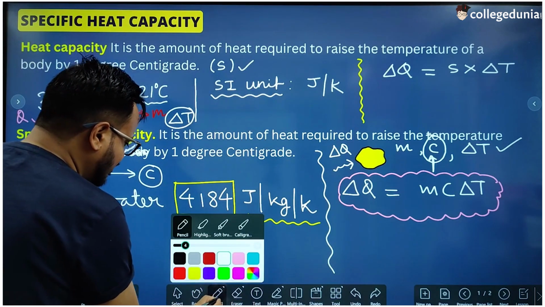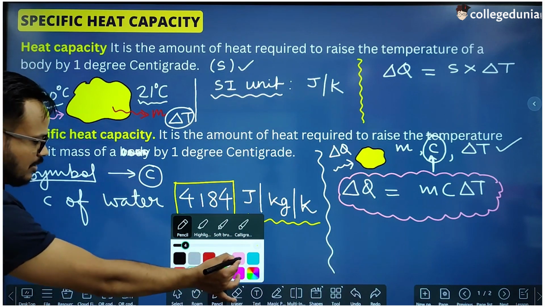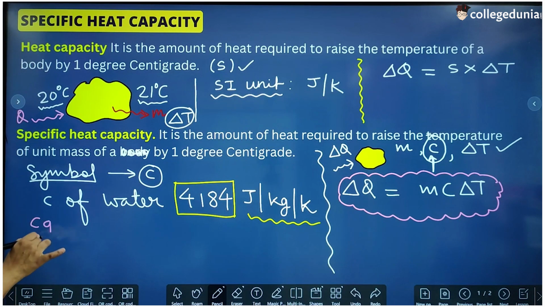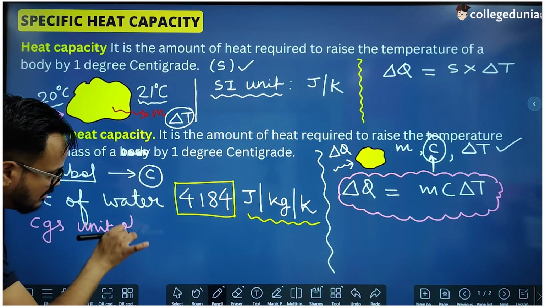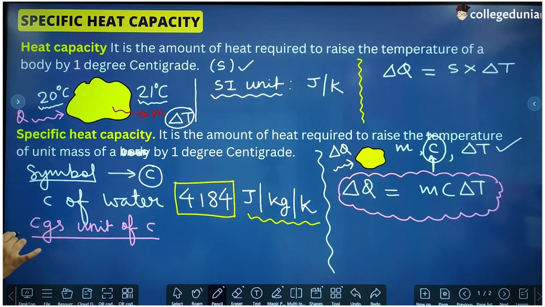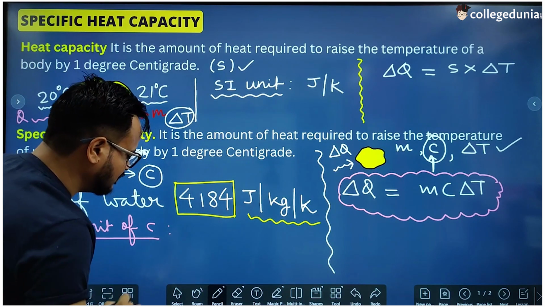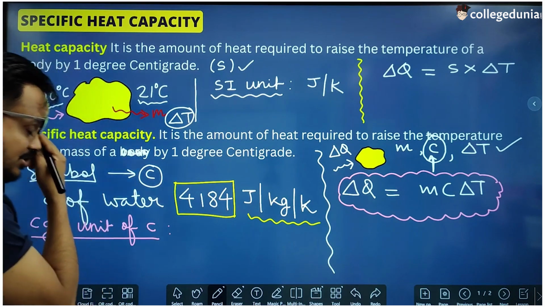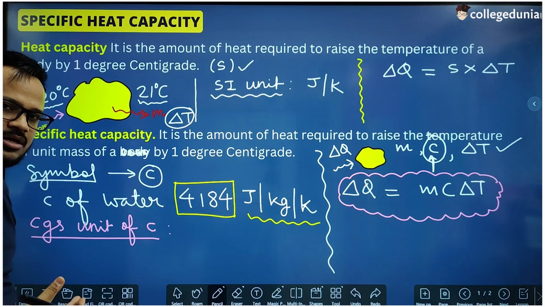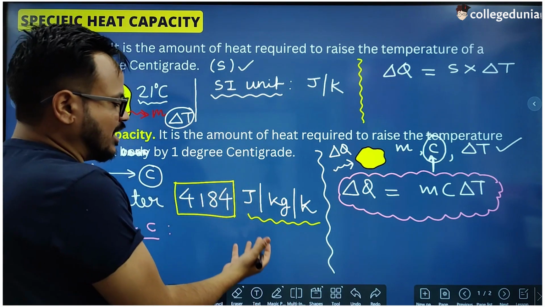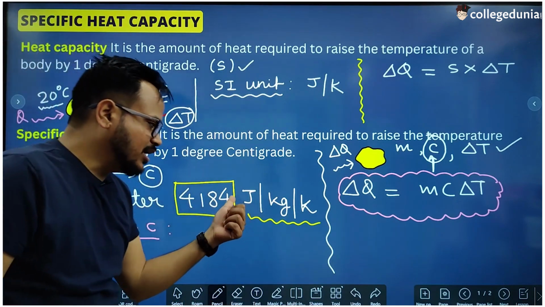Now let's talk about the CGS unit of specific heat capacity, which is also very important. CGS unit of specific heat capacity is simply calorie, because the CGS unit of heat is calorie. So instead of joule, we will write calorie.